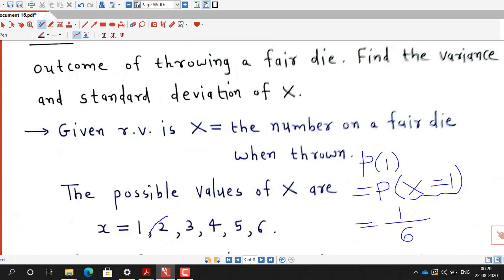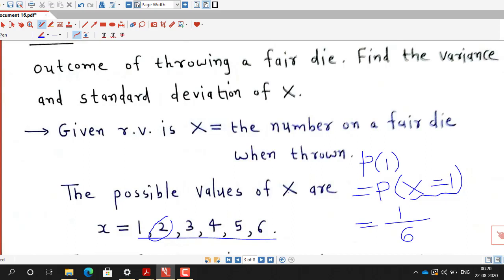Similarly, for each value the probability is going to be 1 by 6, because there is only one outcome in favor of each value. If we consider the event that capital X equal to 2 occurs, then the outcomes in favor of 2 are only 1.